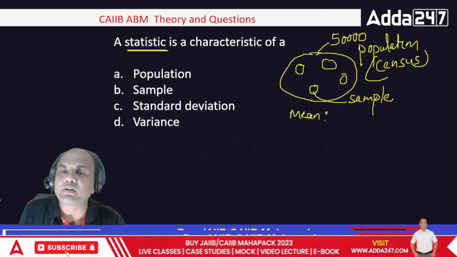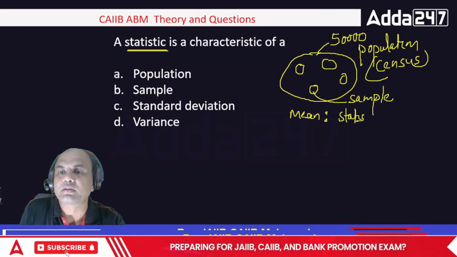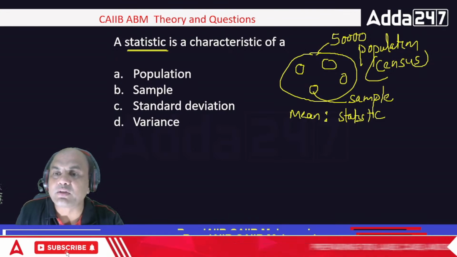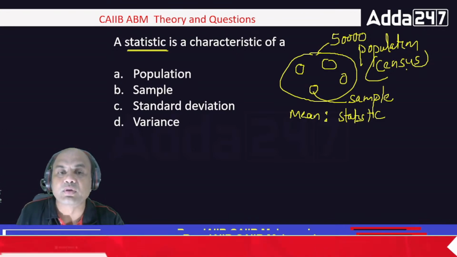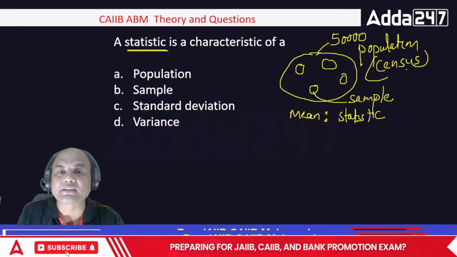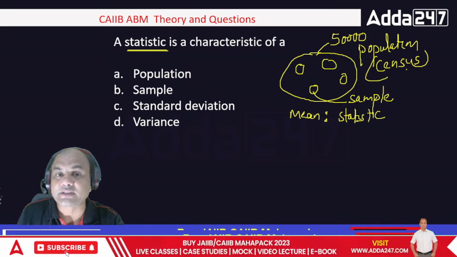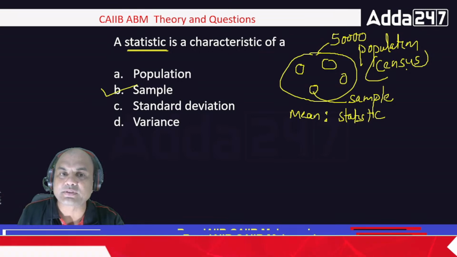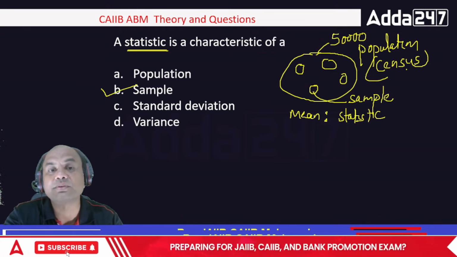When I find the mean of the sample, it is called a statistic. And when I find the mean of the population, this is called a parameter. So statistic is a characteristic of sample. Okay, clear? It is a characteristic of sample.